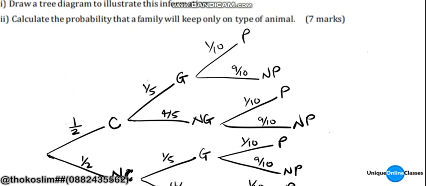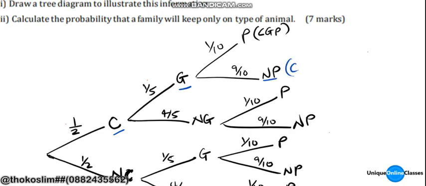So our probability space: we have chicken, goat, pig, and we have chicken, goat, no pig.